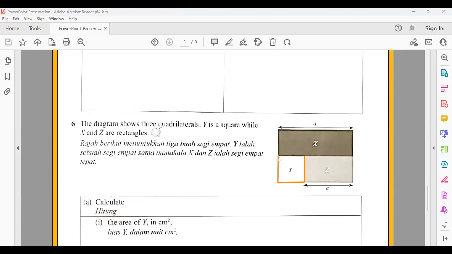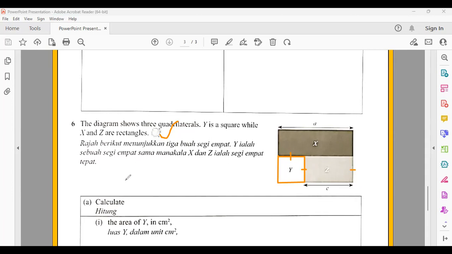Okay, Y is a square. Fine. You know what is square, isn't it? You learned already in primary school, kan? Square means both sides are the same. And Z and X are rectangles. Good. So Z and X are rectangles. So if this is the same, this is the same. We do not know about this yet.